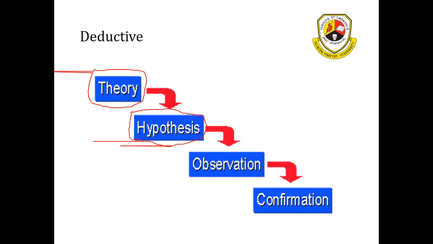From that theory, you develop a hypothesis. You test that hypothesis and you observe, and then you confirm. Once you collect data, which is normally quantitative, measurable data, you take it through statistical analysis and you confirm whether there is a direct causal relationship or a minimal causal relationship from statistical data.